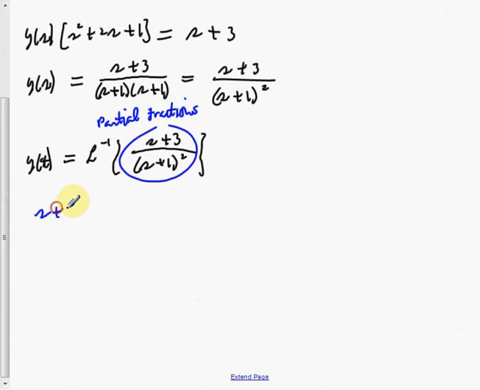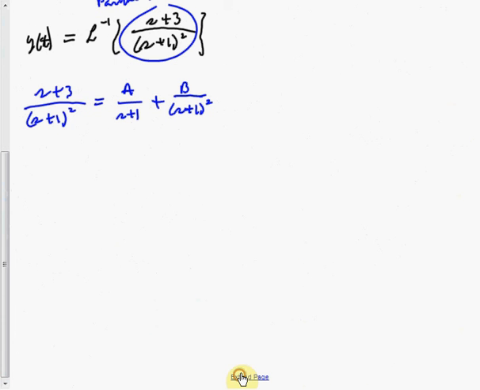So you have s plus 3 all over s plus 1 squared is equal to A over s plus 1. Again, my denominator is repeating roots, so this is B over s plus 1 squared. So multiply both sides by the LCD.